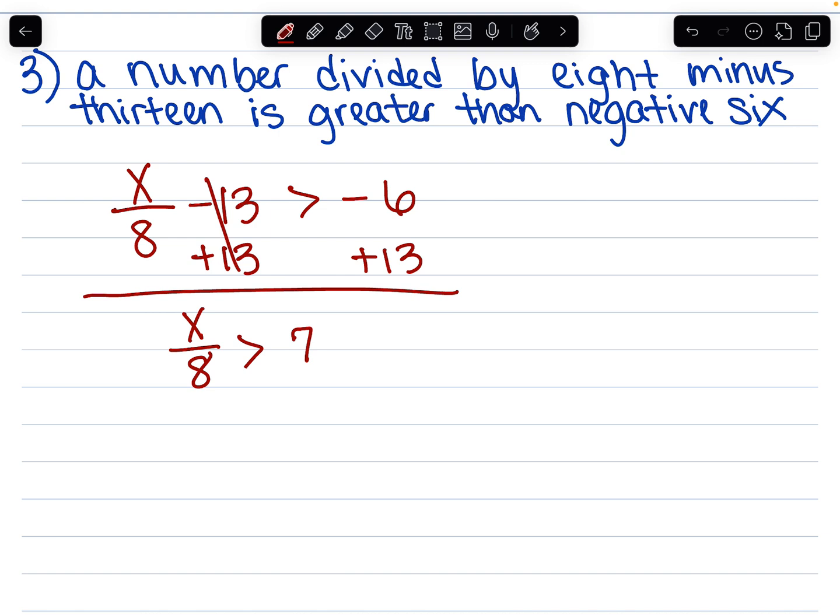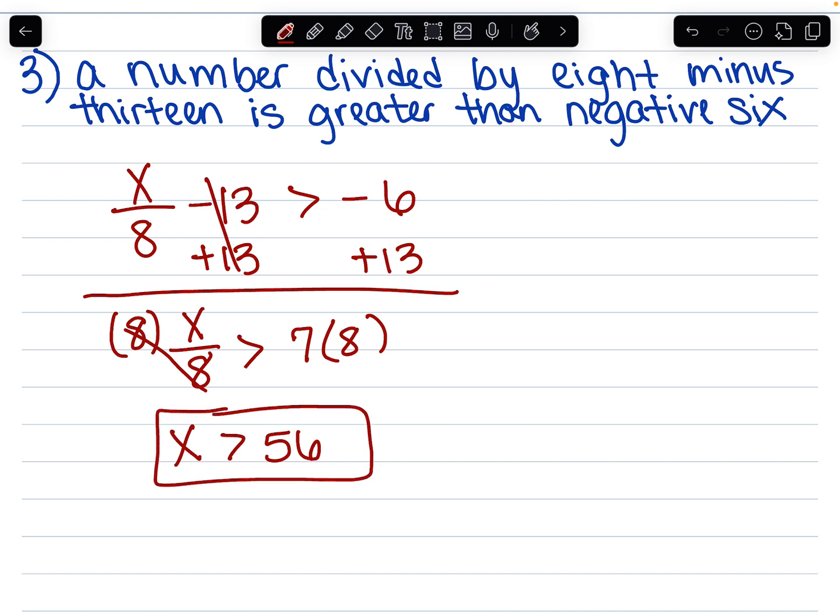Now, this one's different because we're not going to divide by 8 like we normally do. What are you going to do here, James? Multiply by 8. Good. So on both sides we're going to multiply by 8. So we get x is greater than 56. Okay.